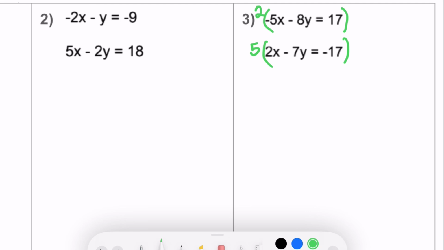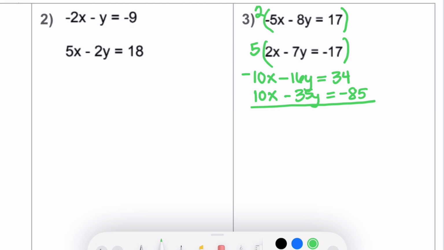So I get negative 10x minus 16y is equal to 34. And then I get 10x minus 35y is equal to negative 85. And so now I have my 0 pair of the x's, and this would be negative 51y.